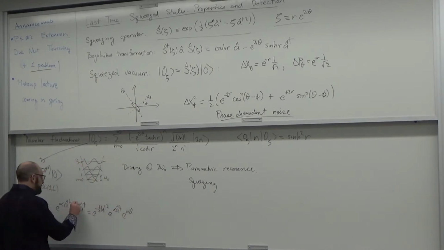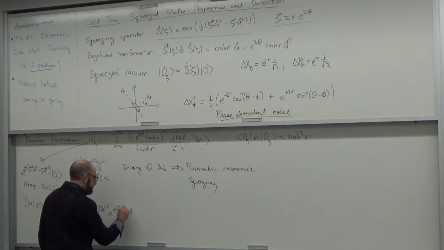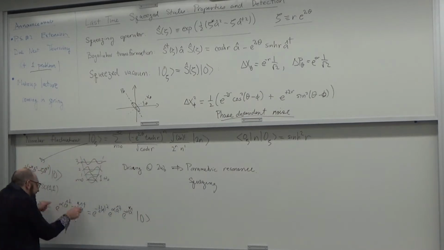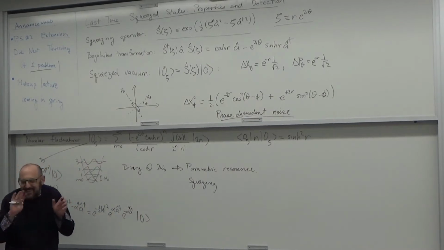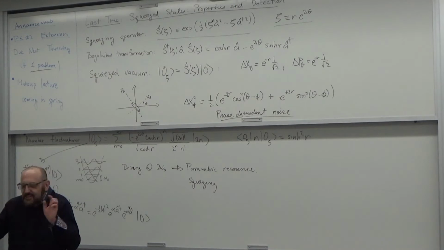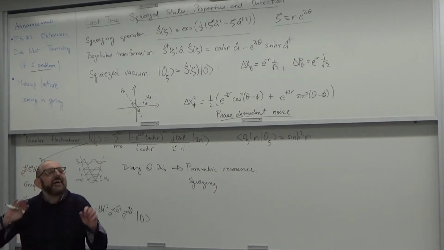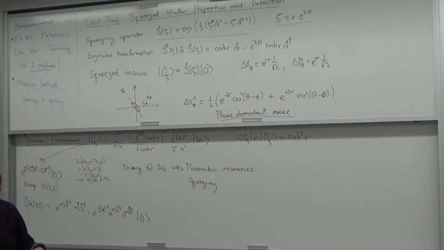One of these is a creation operator acting on the vacuum. So we've disentangled. That's nothing to do with entanglement in quantum mechanics. It's just an English word that's used in this context.